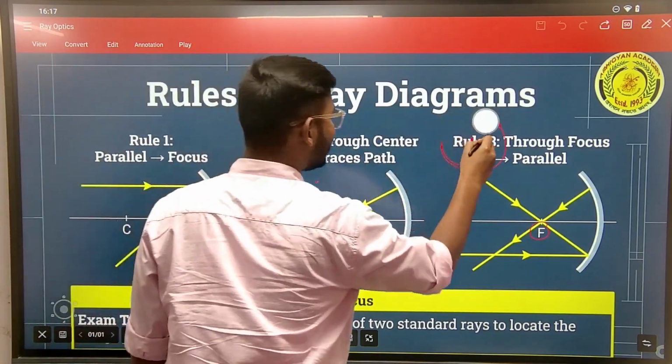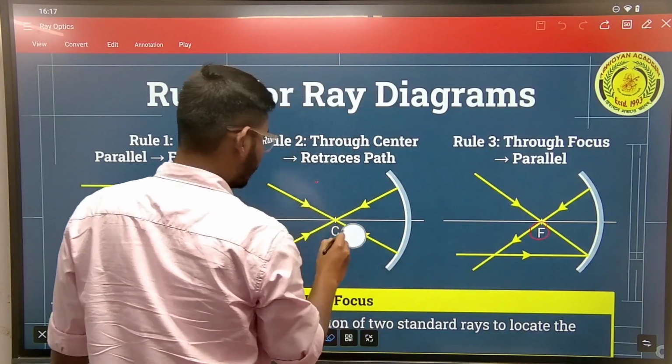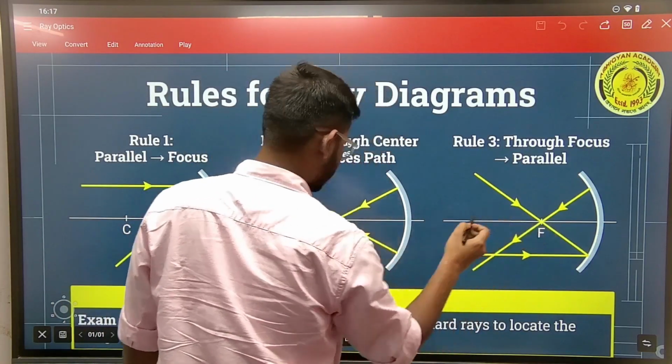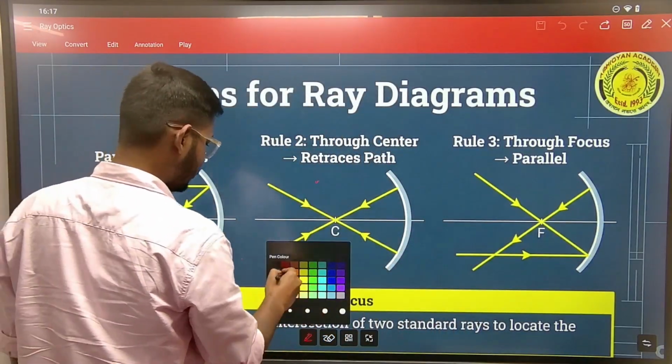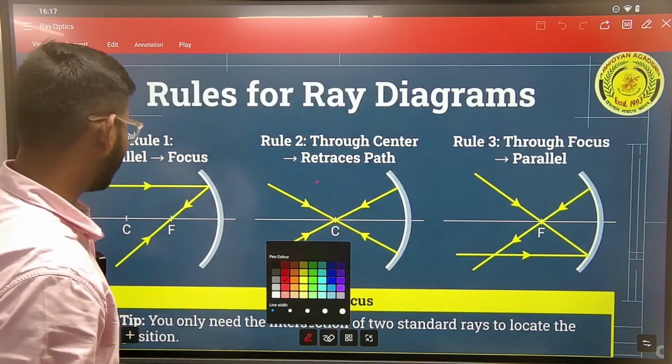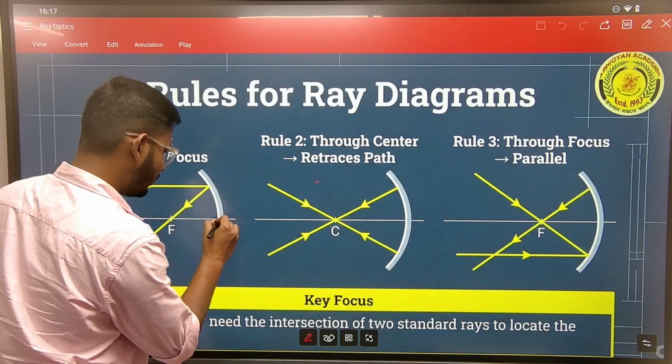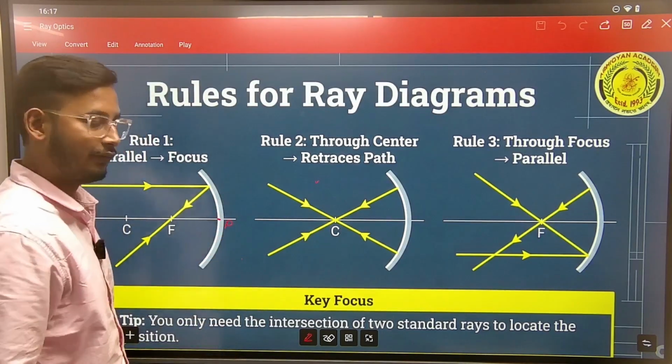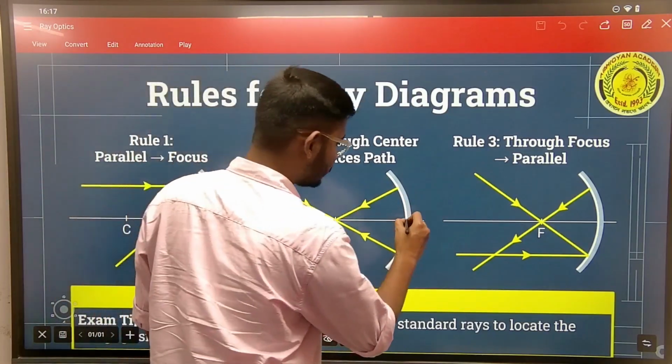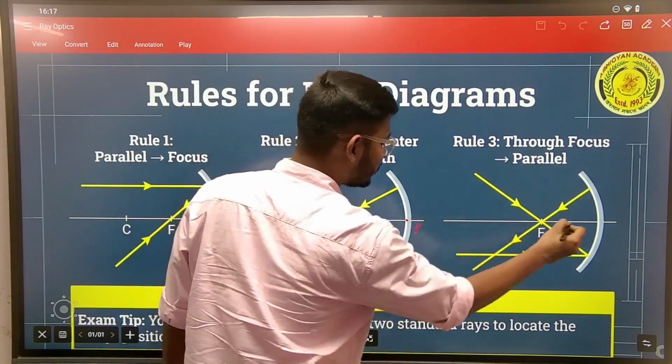So first rule is, before that, remember the midpoint of the mirrors. These are the midpoints of the mirrors.